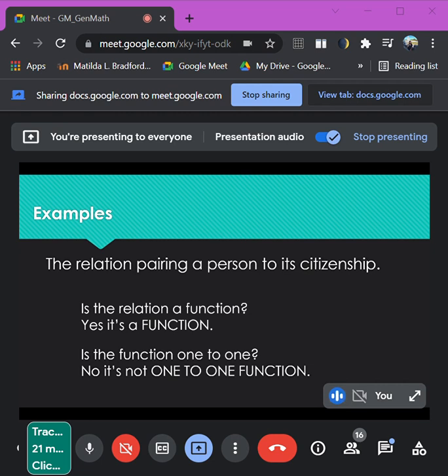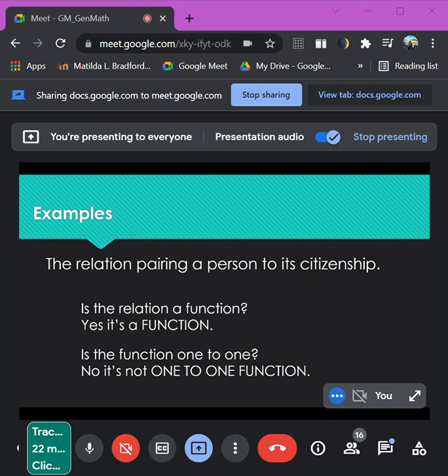So the same as our representations before, 'di ba we could have ordered pairs, graph, equation, mapping diagram. Sa katusan nga way, we can see nga ang atuang given kay one-to-one function.